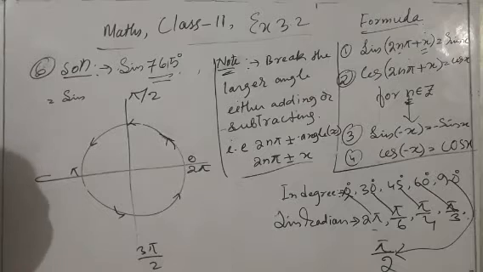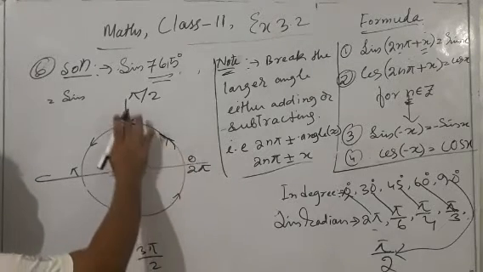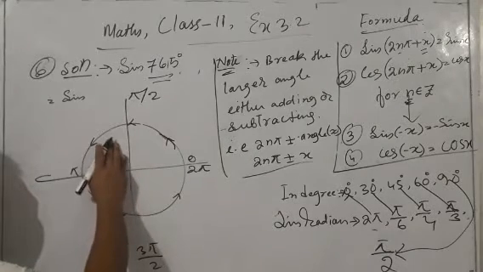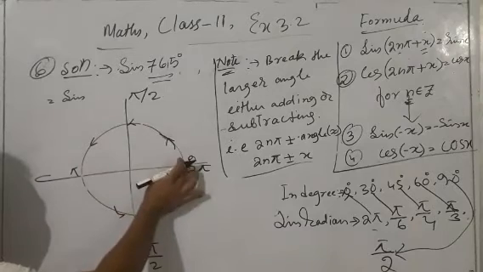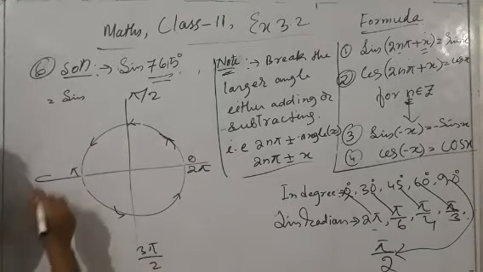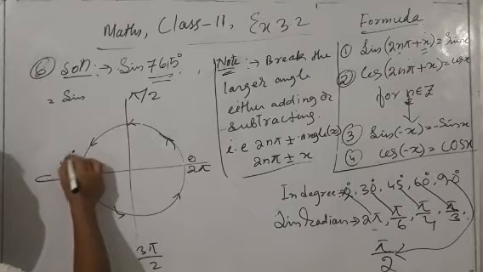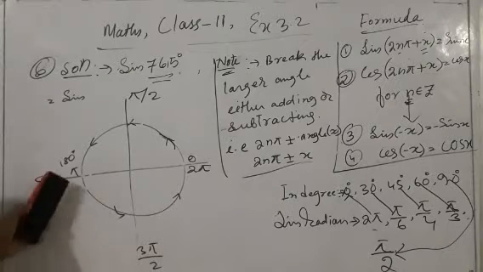This is 0 degree, from here to here it is 90, and 90 plus 90 equals 180. So in half rotation the angle measure is 180 degree.